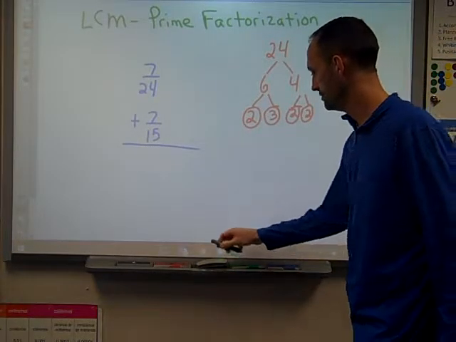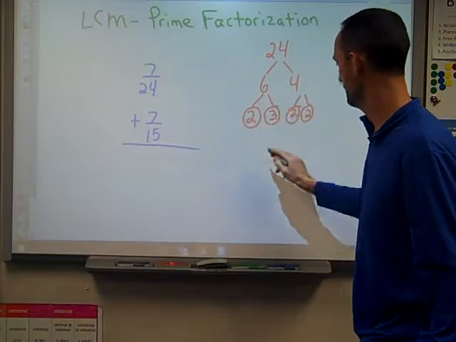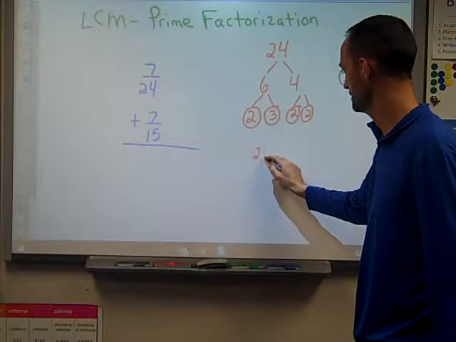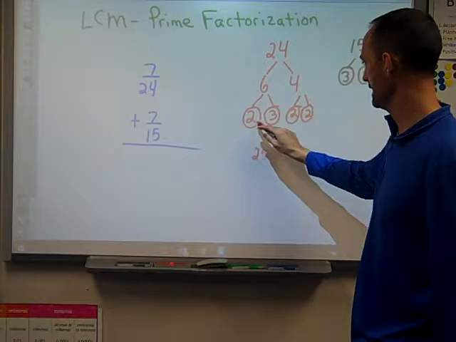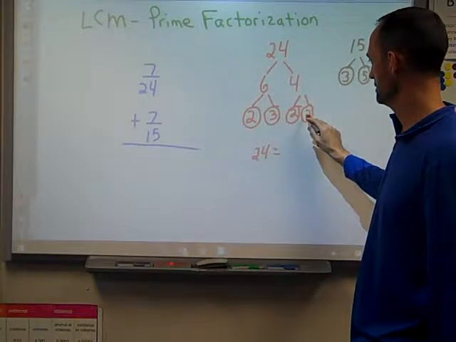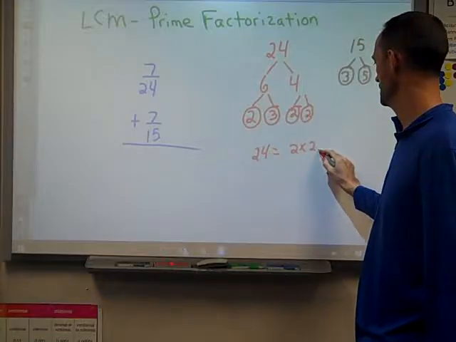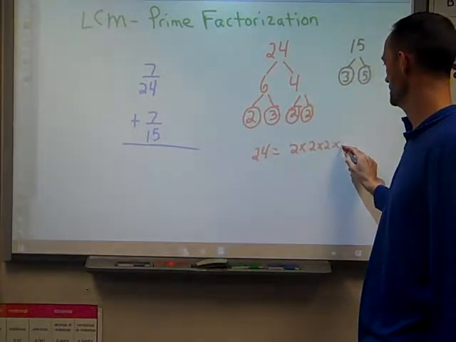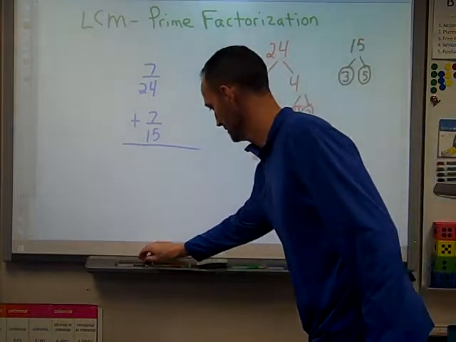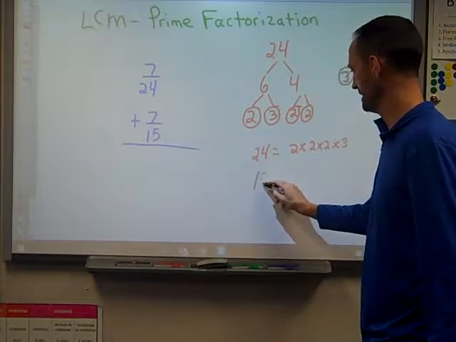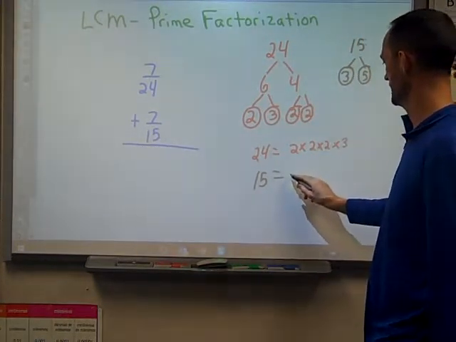Okay? So if we take 24, that equals 2, 2, 2, and a 3. So we have 2 times 2 times 2 times 3. 15 equals 3 times 5.